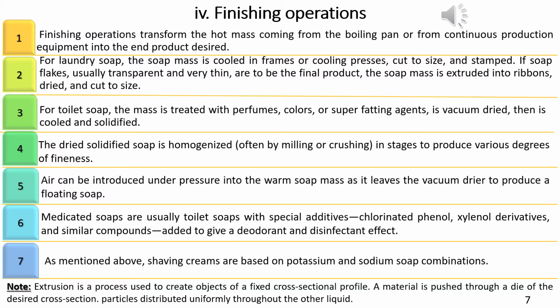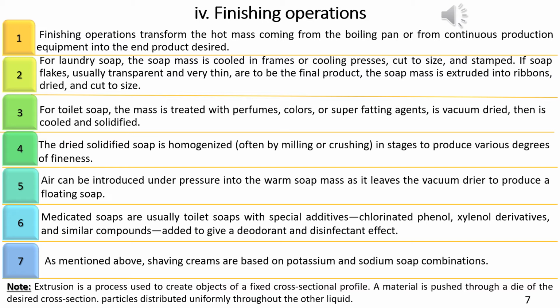The homogenization process takes place through machines. It takes place through a milling operation or by crushing. So milling is done by a machine that is designed to cut or shape the soap using different rotating tools.